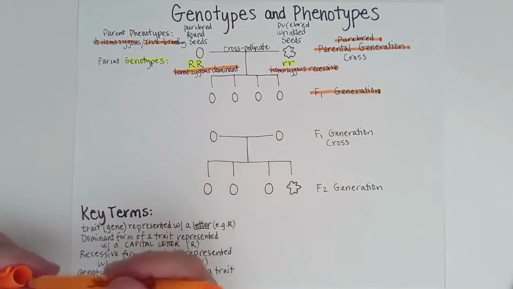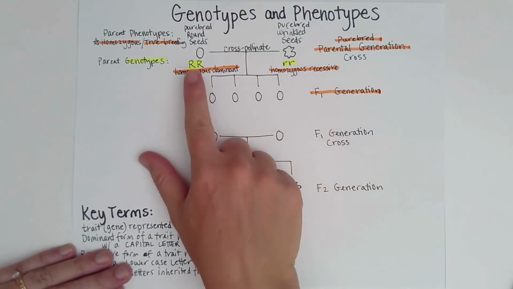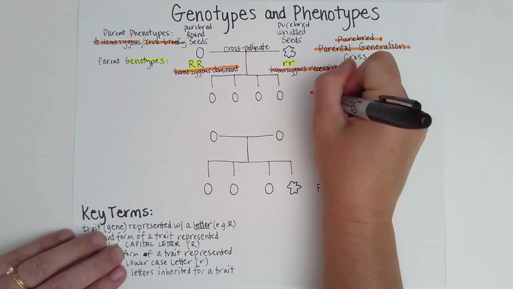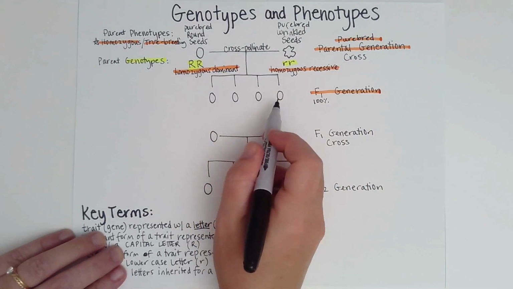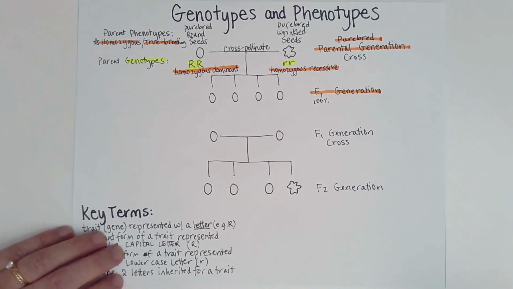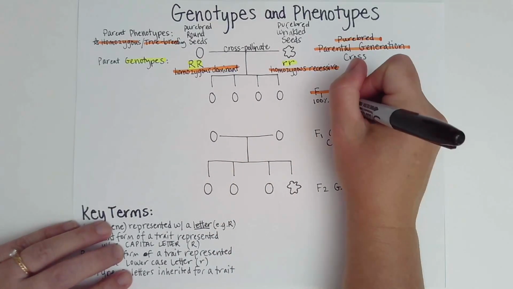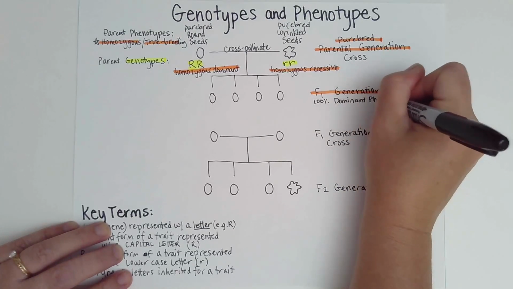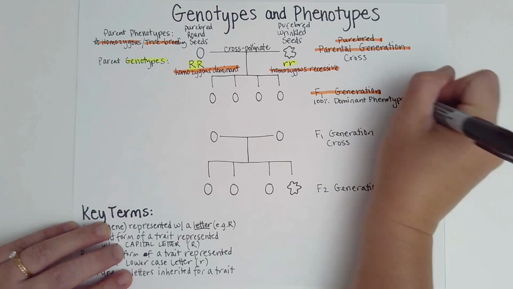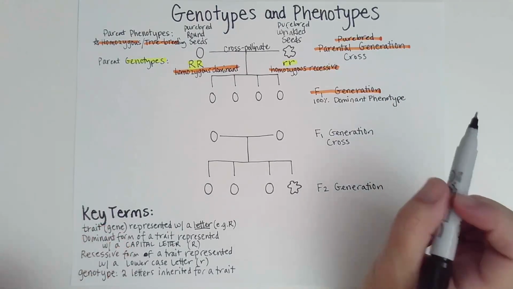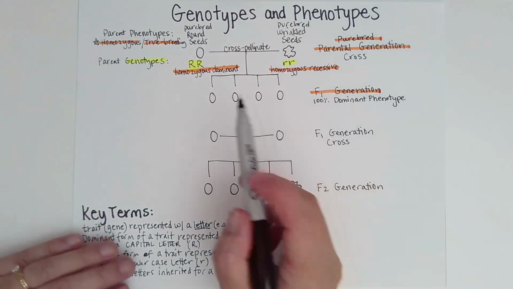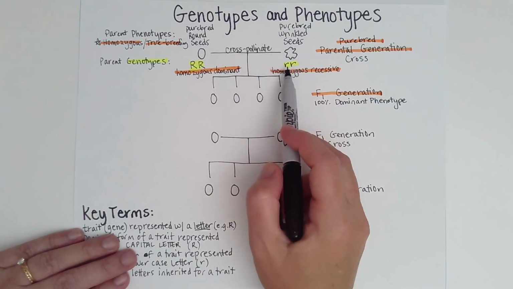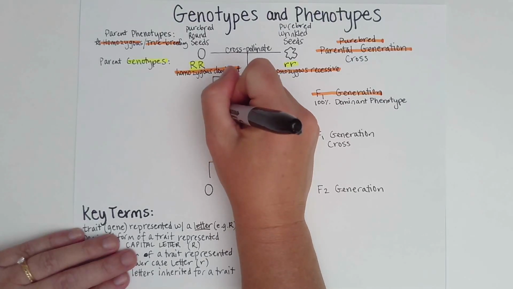And the F1 generation will, 100% of it, have the dominant phenotype. Because you can see that, right? All of the offspring ended up with round seeds, not a wrinkled one in sight. So you have 100% of the dominant phenotype. And not only that, but because they all got a big R from this parent, and then it was crossed with this parent, and they all got a little r, they actually all have the same genotype too.